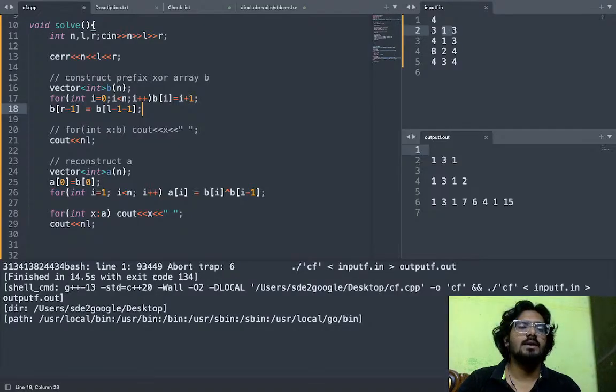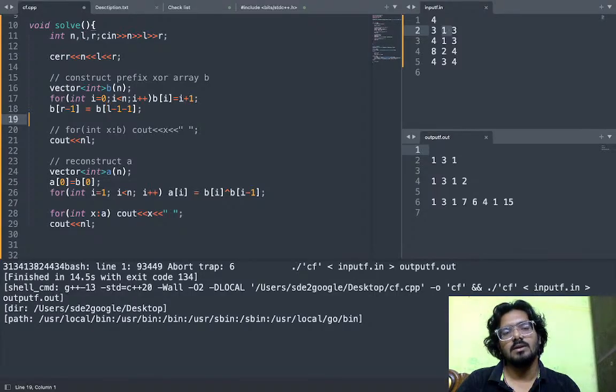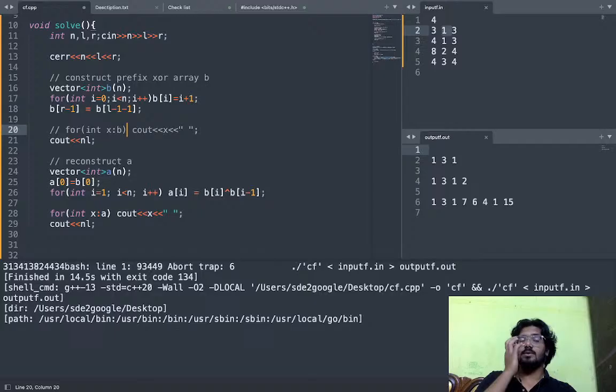So if I get L is 1 and minus 1 will be 0 and minus 1. So L should be 2. Yeah.